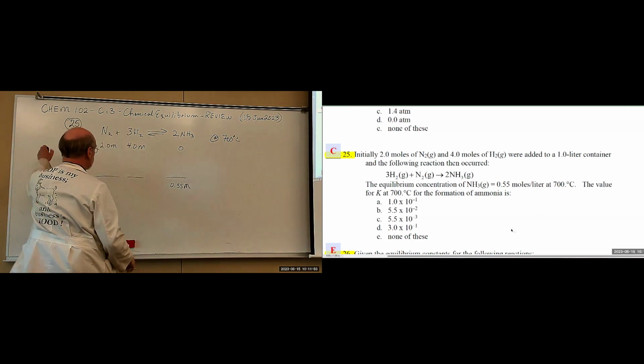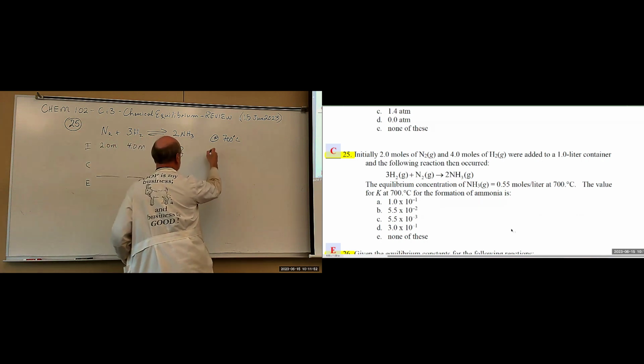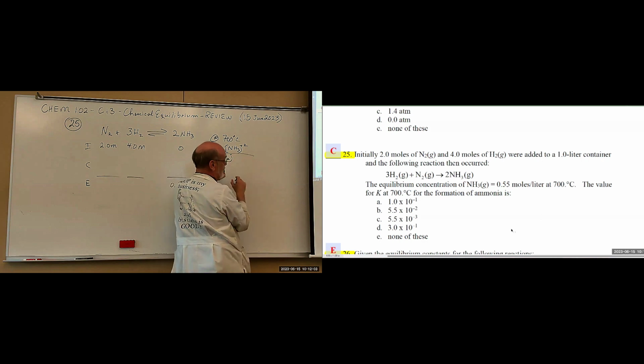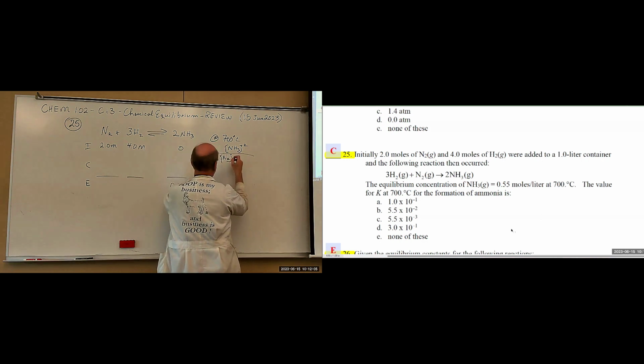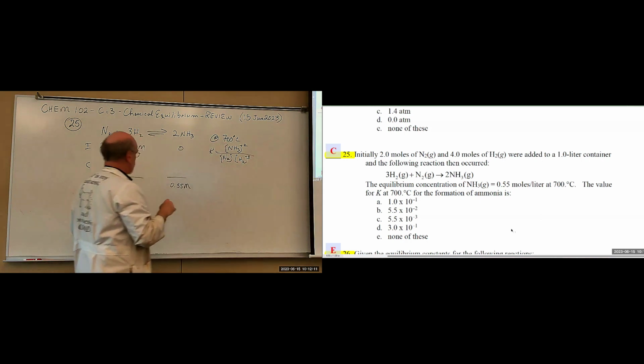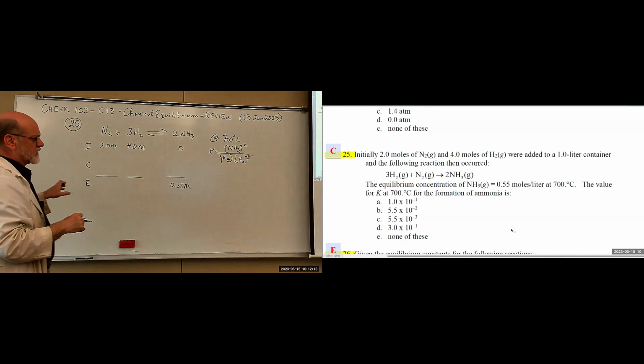So we've got to calculate K, which will be ammonia squared, and then nitrogen, and this is going to be in molar concentrations, not partial pressures, to the first power, and then hydrogen to the third. Okay, so that's everything the problem has given us.